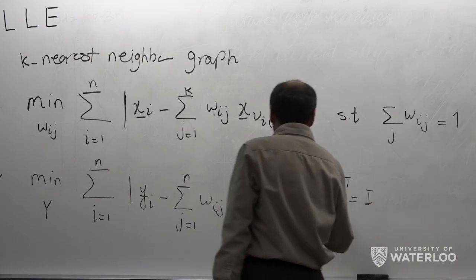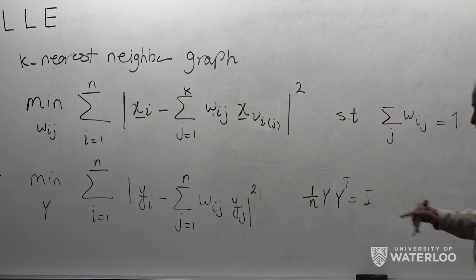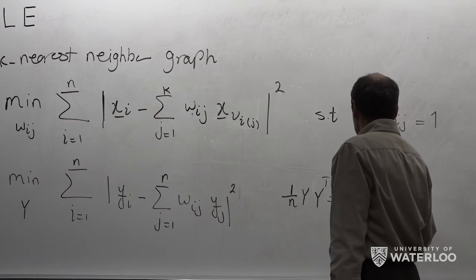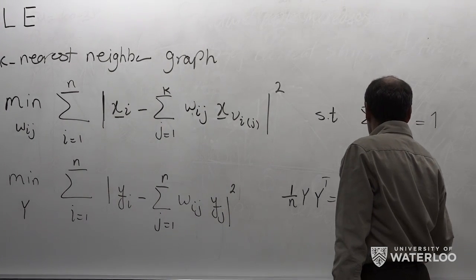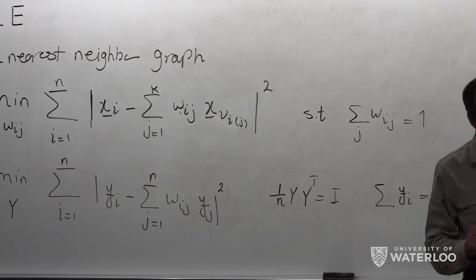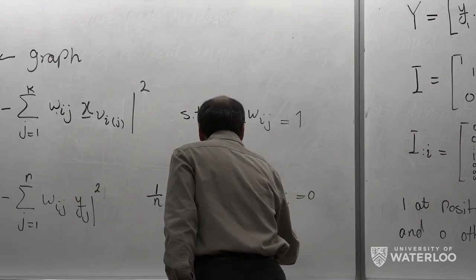In fact, if you want to be exact, it's exactly the same as the original paper: 1 over n Y transpose equal to identity. And there's another constraint that summation of Yi is 0, which means the mean of projection is 0, for i equal to 1 to n.